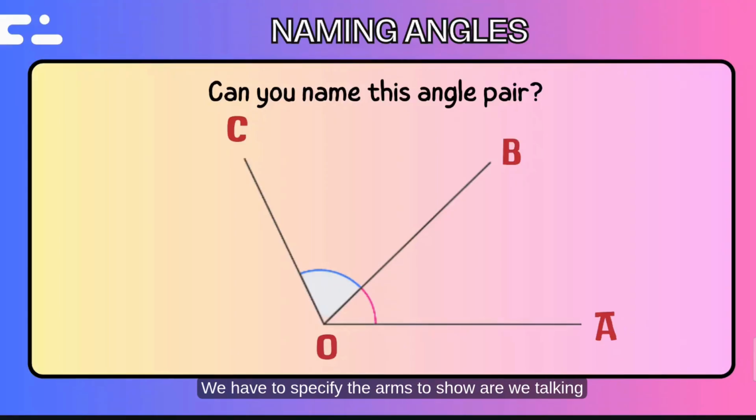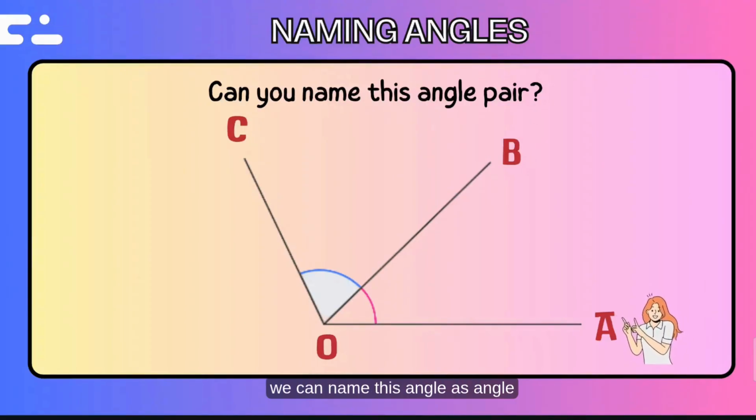We have to specify the arms to show, are we talking about the angle that is marked by the pink arc, or are we talking about the angle that is marked by the blue arc? So we know that naming the arms will be imperative to make anyone clearly understand which angle we are talking about. Now, to name the arm, you can either start alphabetically from A.